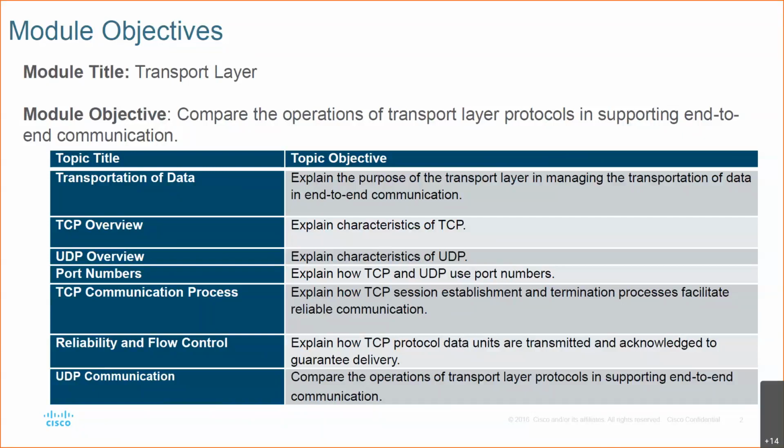We will look at the whole overview of transportation of data, TCP, UDP, the main protocols, and how port numbers are used in both TCP and UDP. We will also look at TCP communication, UDP communication, and how transport layer is also responsible for reliability and flow control. So let's get started.